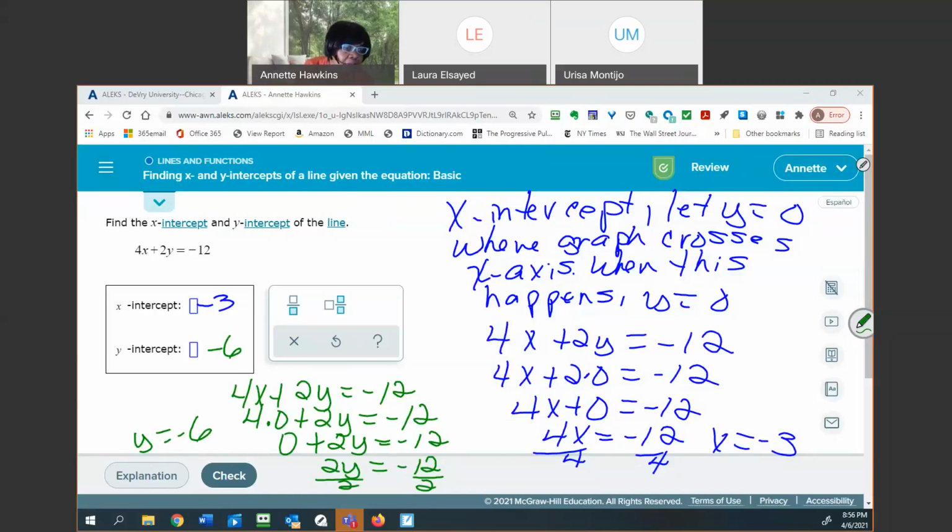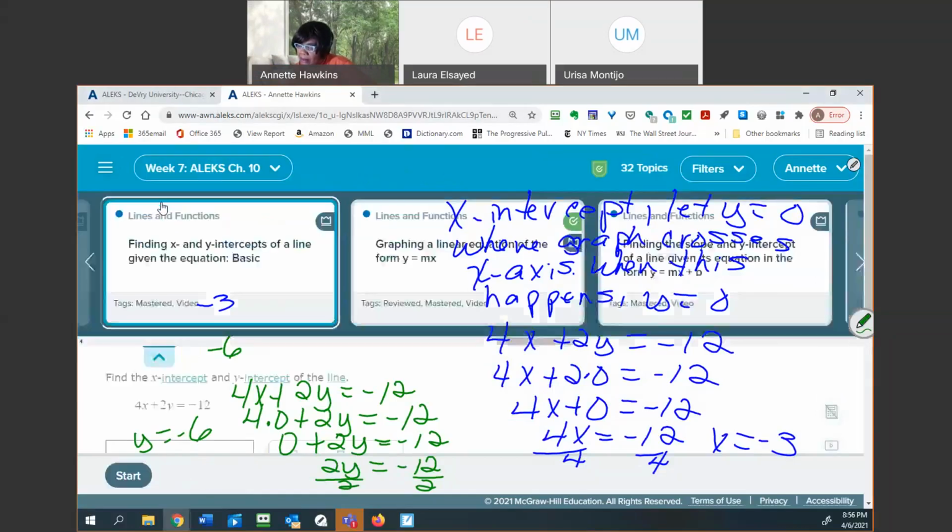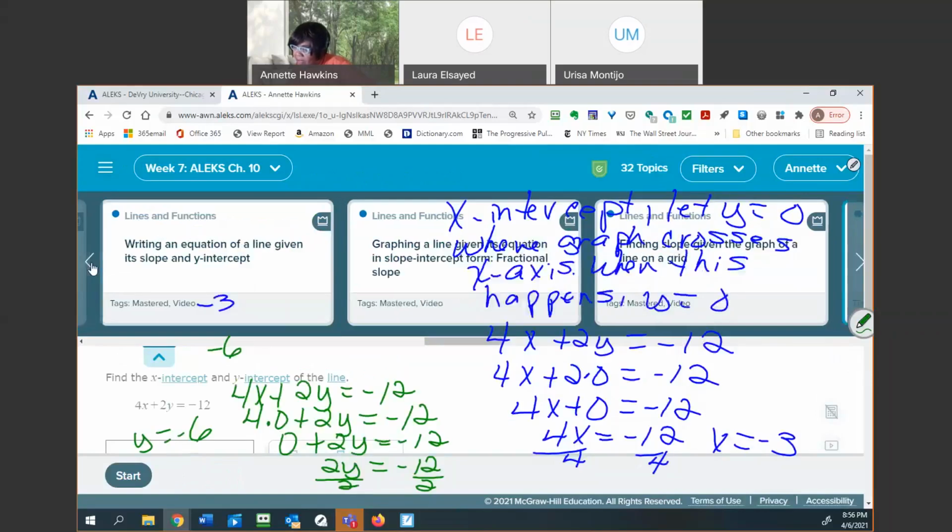Okay. Find the X and Y intercepts. All right, they want us to find the X and Y intercepts again.